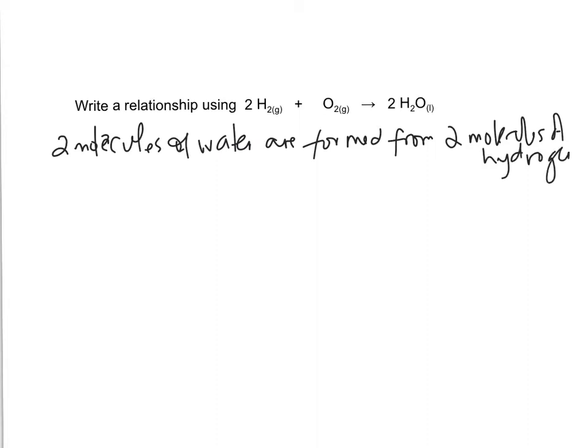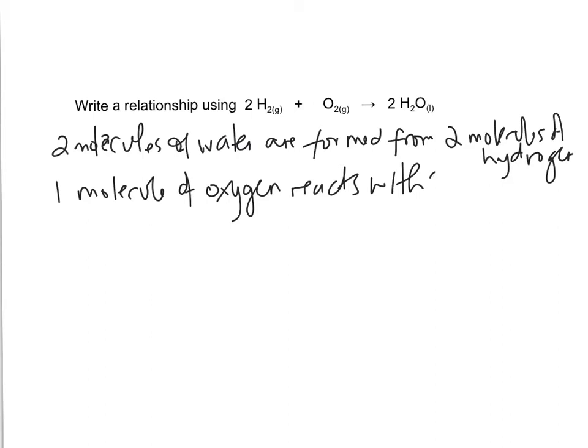We could say one molecule of oxygen reacts with two molecules of hydrogen. So the first example is a relationship between one reactant and the product, and the second example is between two reactants.